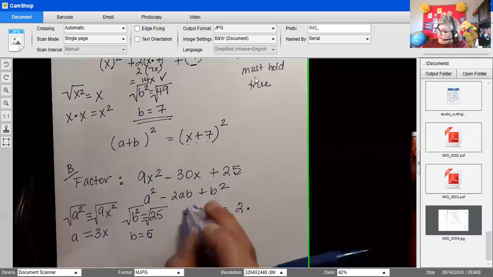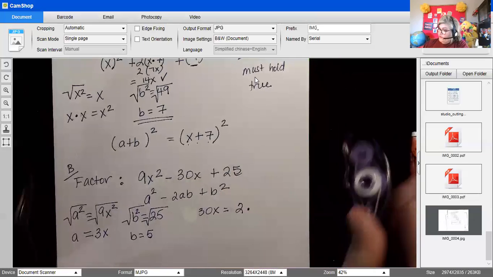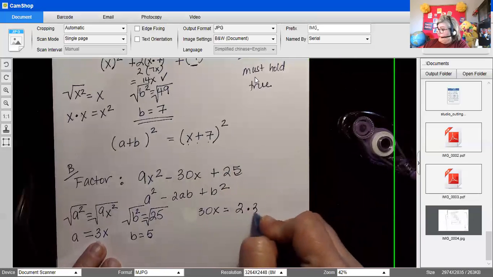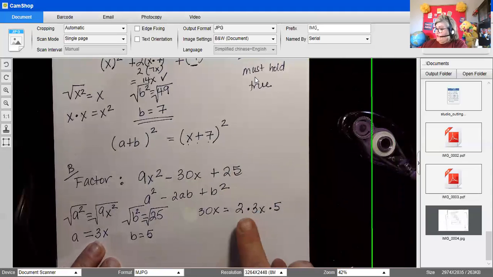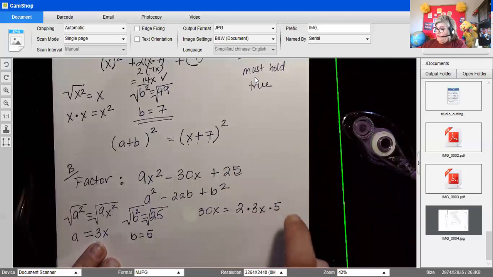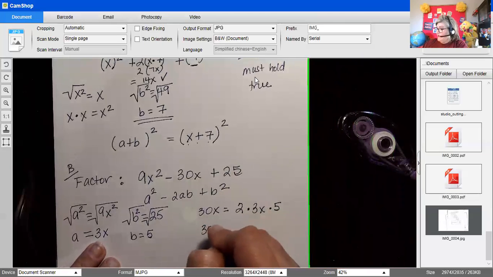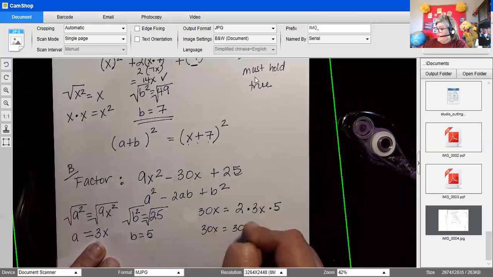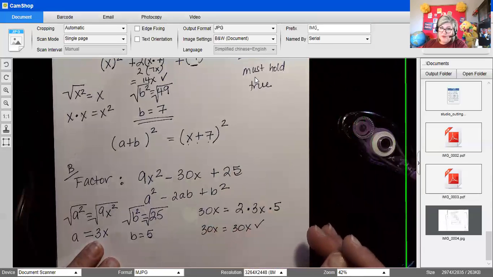We need to see if 30x is equal to 2 times 3x times 5. 2 times 3 is 6. 6 times 5 is 30. So 30x equals 30x. We are dealing with a perfect square trinomial.